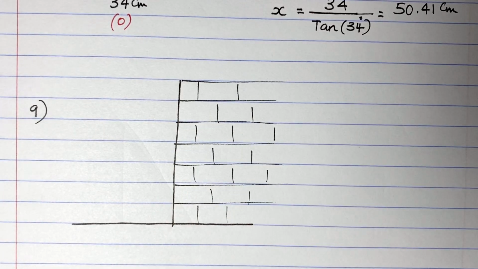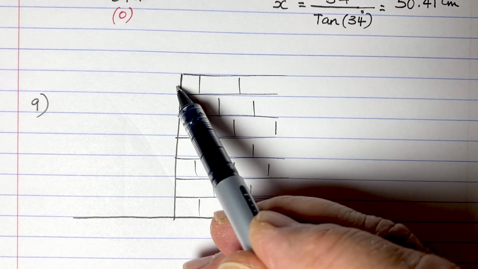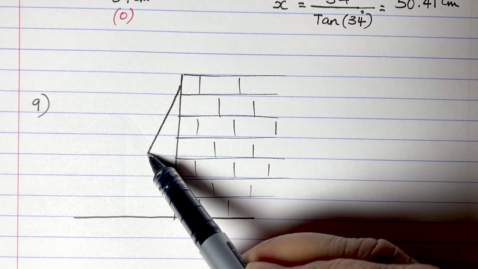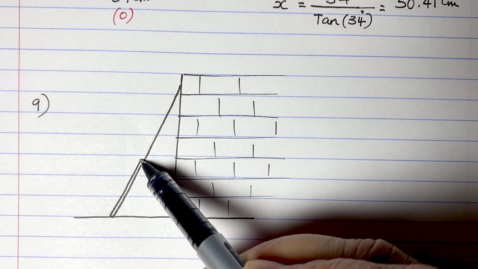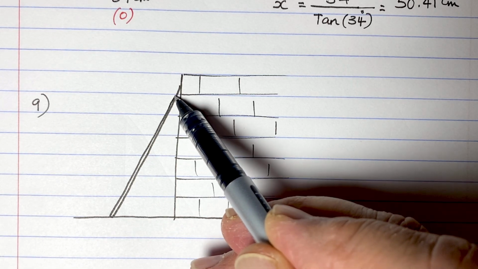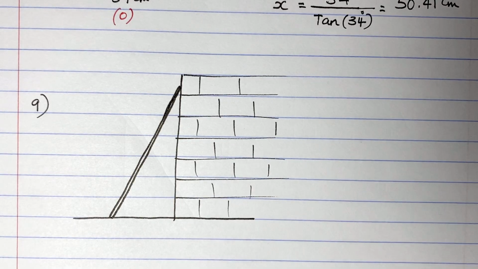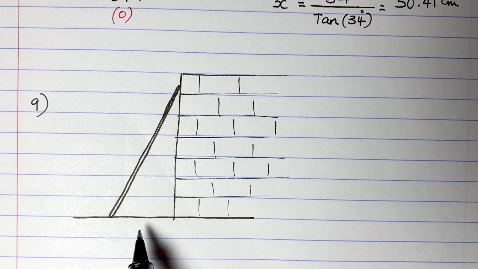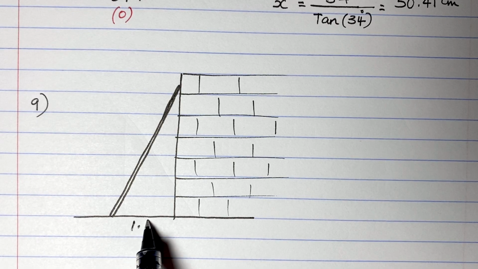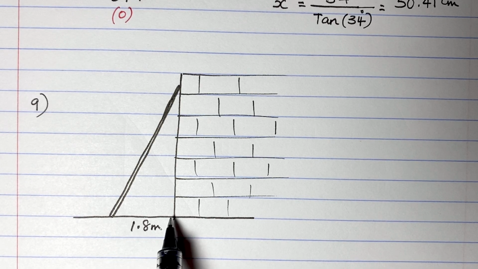I've got a ladder which is resting against the wall. That's my ladder from the side view. And I'm telling you, the foot of the ladder is 1.8 meters from the foot of the wall.